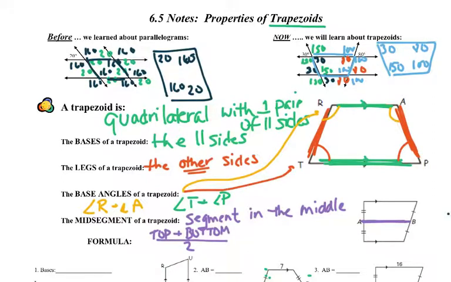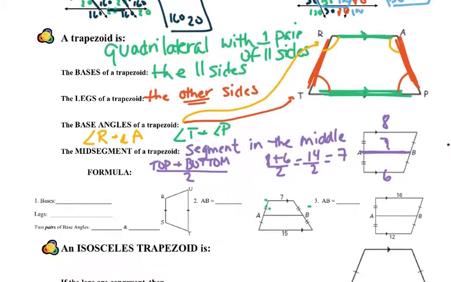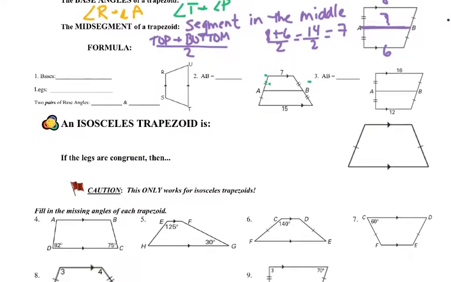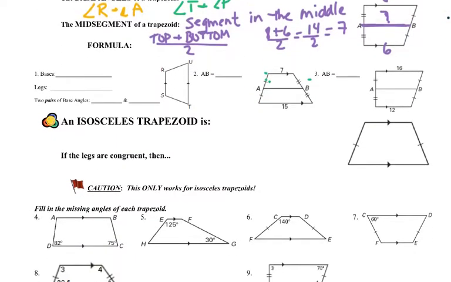So for example, let's say this was 8 and this was 6, and I wanted to find the one in the middle. It would be 8 plus 6 divided by 2, or 14 divided by 2, or 7. And it's not always sequential like that, 6, 7, 8. It's just basically the average. So if we could do some examples, that'll help.